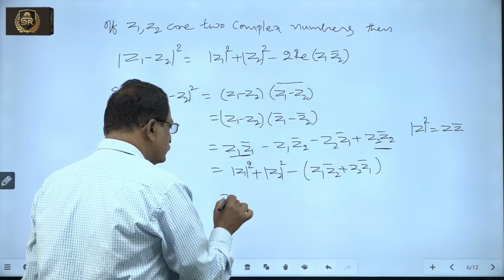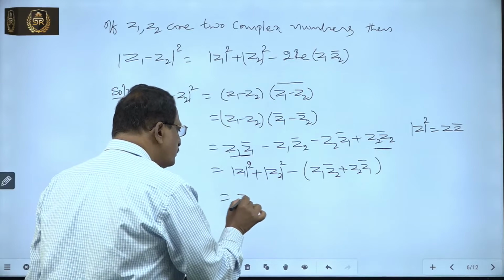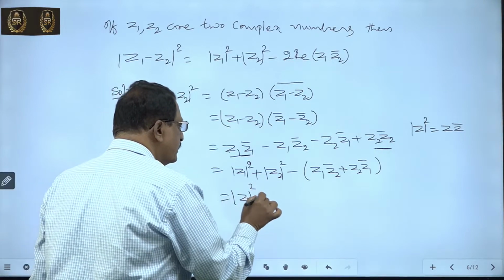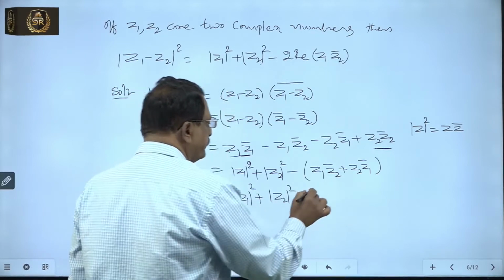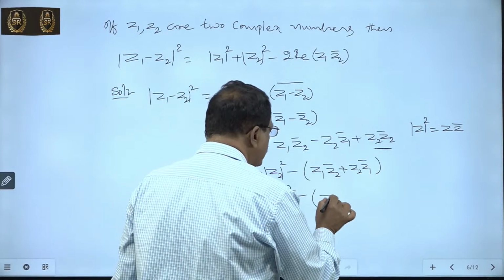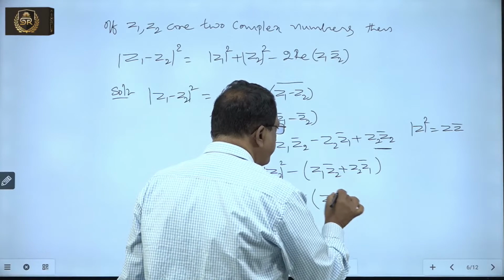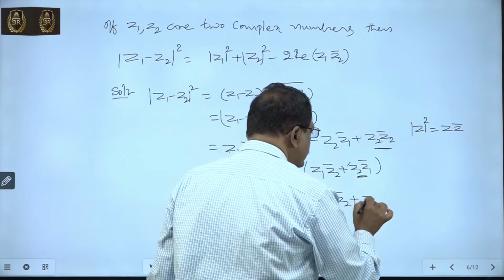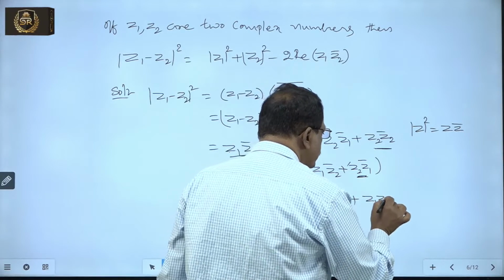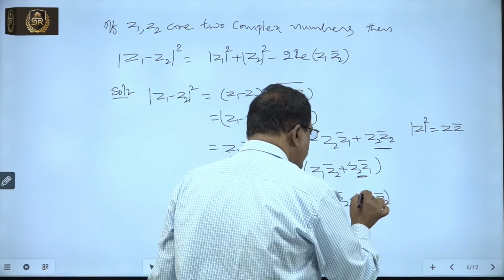That equals mod Z1 whole square plus mod Z2 whole square minus, Z1 Z2 bar plus the second term, which can be written as (Z1 Z2 bar) whole bar.